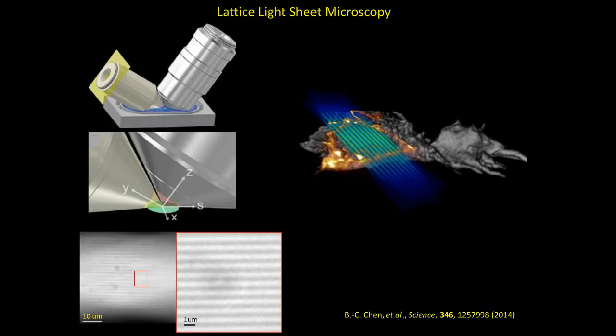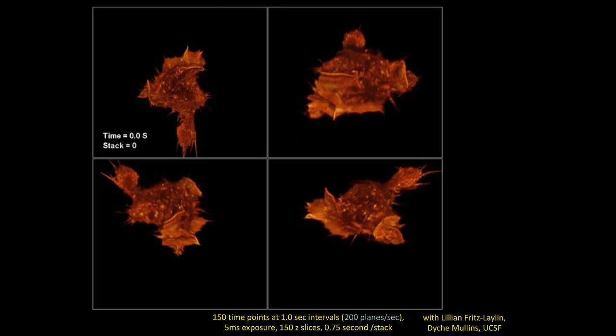If you want to do time lapse, in the next slide we will see a movie of a cell which is moving on top of the cover slip. So now we can play the movie.